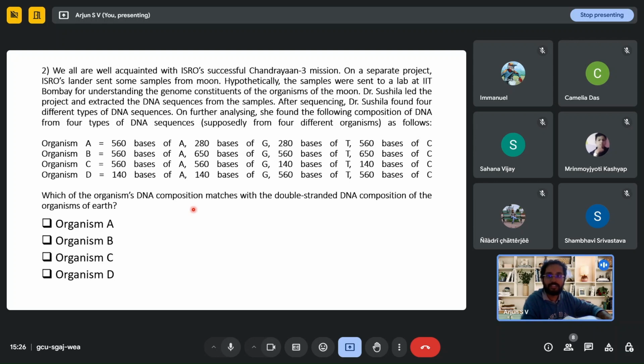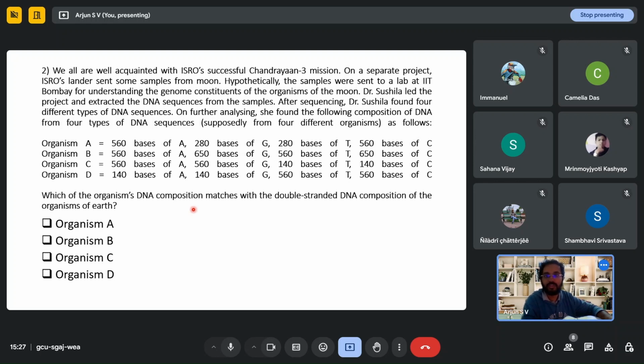Dr. Sushila led the project and extracted the DNA sequences from the samples. After sequencing, Dr. Sushila found 4 different types of DNA sequences. On further analyzing, she found the following composition of DNA from 4 types of DNA sequences, supposedly from 4 different organisms.